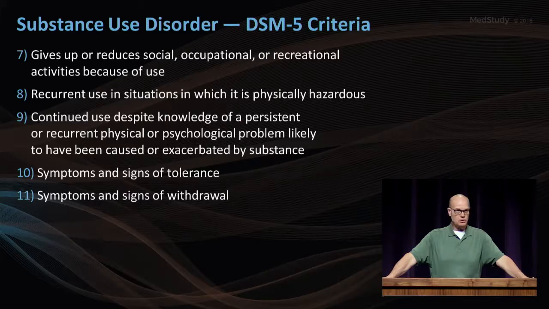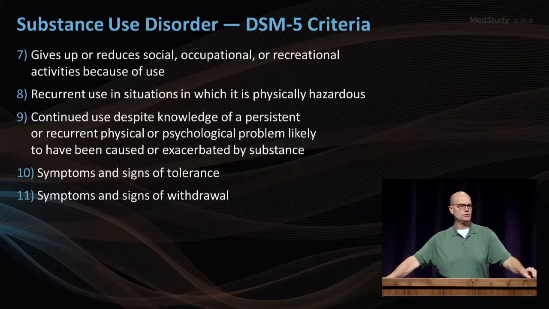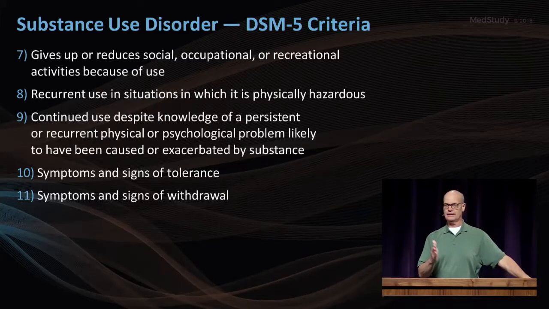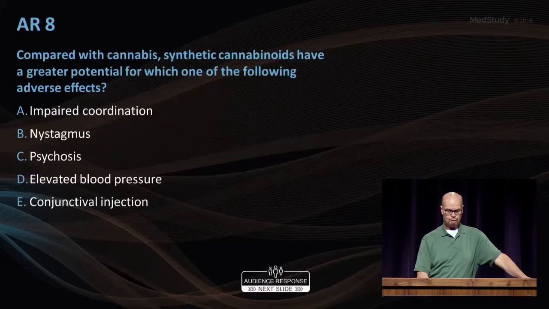Again, unfortunately, the most common cause of mortality and morbidity in the adolescent and the younger children as well is unintentional injury. Oftentimes those unintentional injuries are in some degree related to substance use, especially in males. They know it's wrong, they know it's hurting them, they continue to do it, and signs of tolerance and signs of withdrawal are beginning to occur. So these are the criteria that will help you define how serious it is.